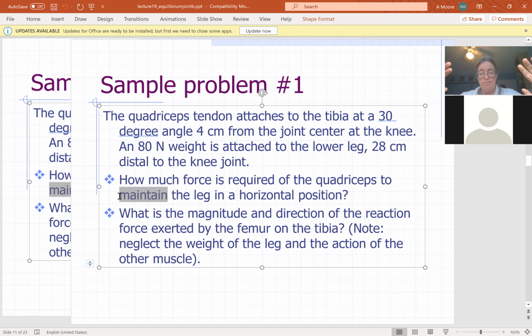So if I'm maintaining the posture, then I can use equilibrium, because equilibrium means there's no accelerations, and therefore the sum of the forces in the x direction equals zero, the sum of the forces in the y direction equals zero, and the sum of the torques around any point in the system equals zero. In other scenarios where it's active, you can't always use the sum of the torques around any point, but you can in an equilibrium position. So you're good to go there.